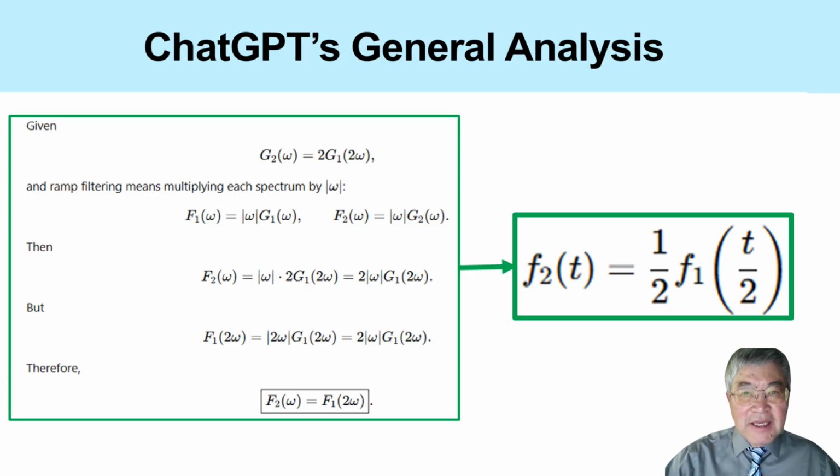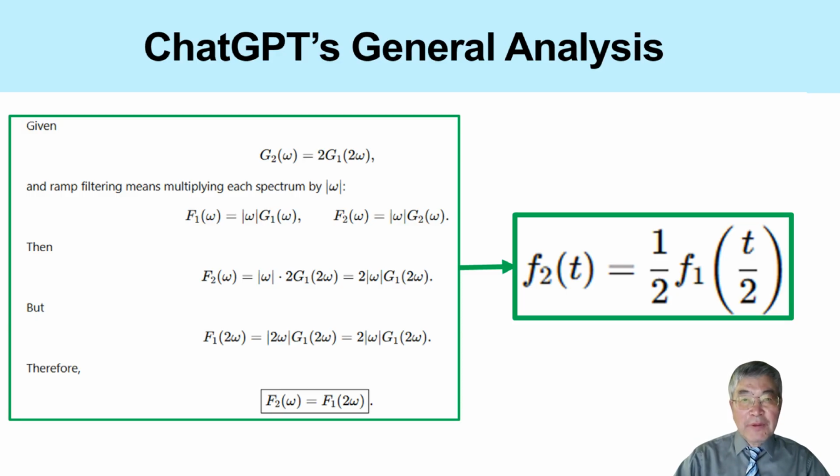The idea is this: if one function is a scaled version of another function, then after applying the ramp filter, the filtered output also follows a specific scaling rule. In this example, the scaled case gives a filtered result that is 1/2 of the original filtered result, with the coordinate scaled accordingly. So this confirms what we saw in the numerical example. Once the ramp filter is included, the ratio U over R should appear in the denominator. This is the missing piece.